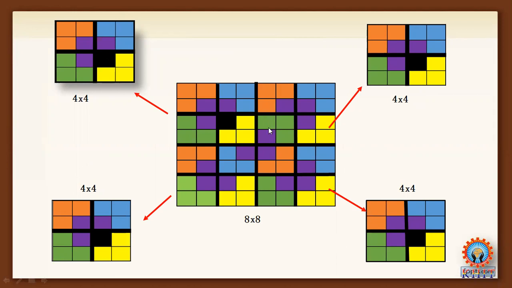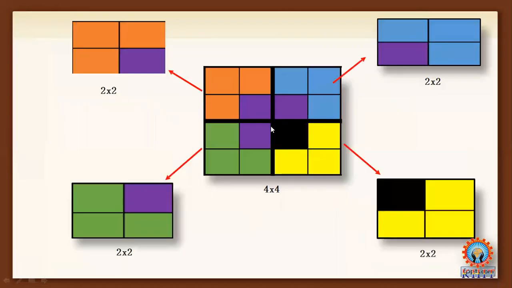And here these are 2 by 2 chessboards. These 2 by 2 chessboards are generated from the 4 by 4 chessboard. If you consider this 2 by 2 chessboard, with 2 rows and 2 columns, one is defective. Here also one is defective, this is a defective one, this is also a defective one.